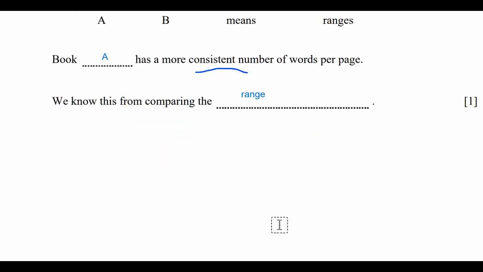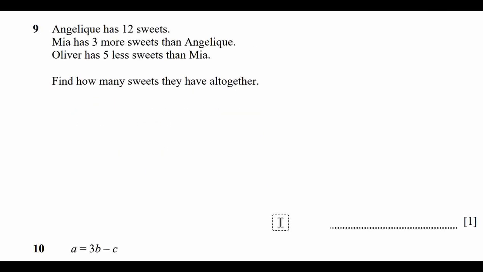Next, question 9. Angelique has 12 sweets. Mia has 3 more sweets than Angelique. Oliver has 5 less sweets than Mia. Find how many sweets we have all together. So we have here Angelique is 12. Mia is 3 more than Angelique, so 3 more plus 12 is 15.